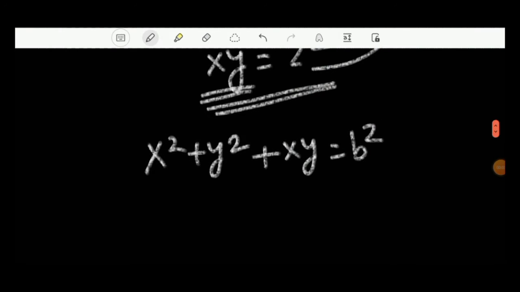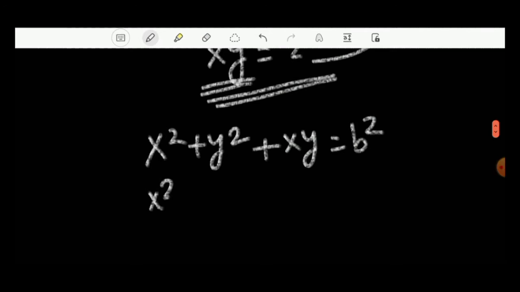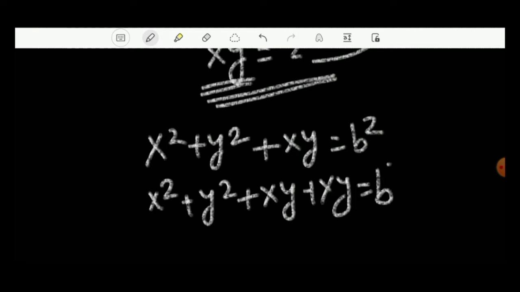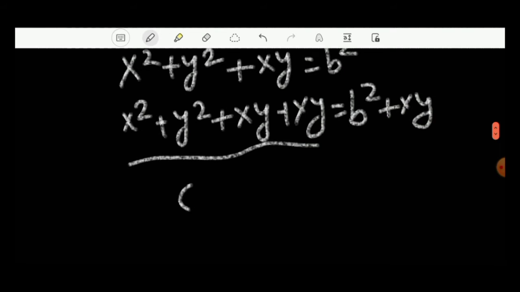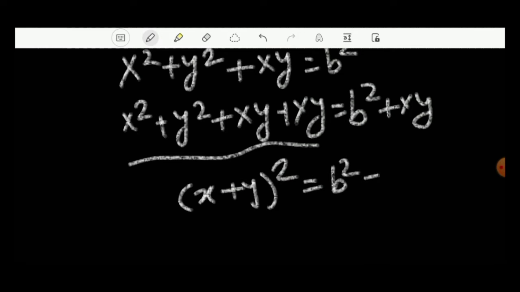And now we can add xy to both sides of the equation, and we'll obtain on the left hand side x plus y whole square is equal to b square plus xy.